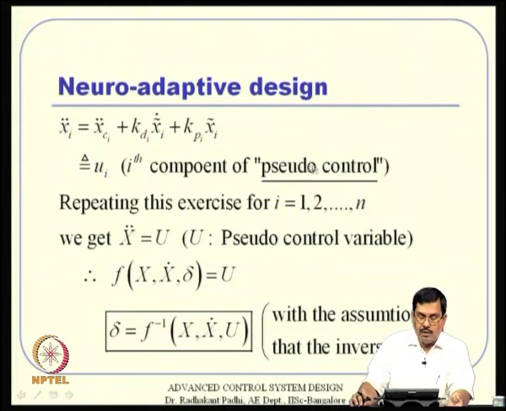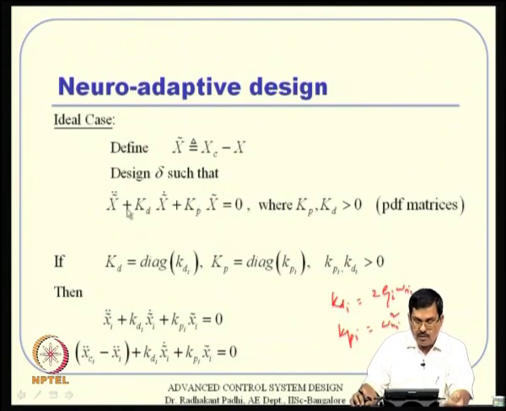If you repeat this exercise for i equal to 1 to n, or you can directly start with this definition and get capital X double dot, that is also possible. I will start directly from here and put this expression back, that x c double dot minus x double dot is equal to all that, exactly like what is going on here.